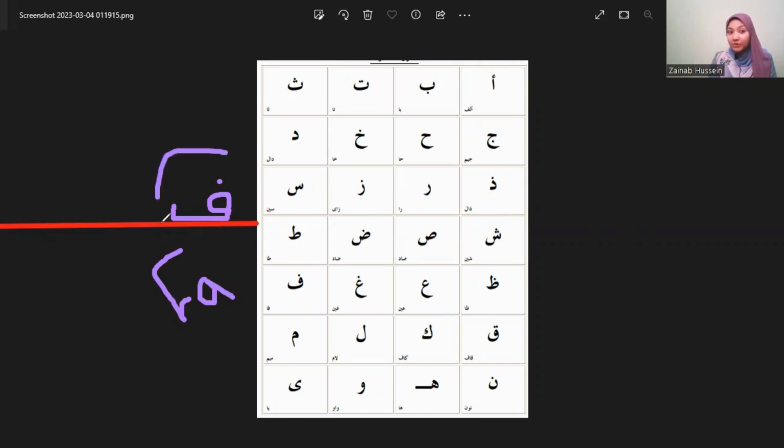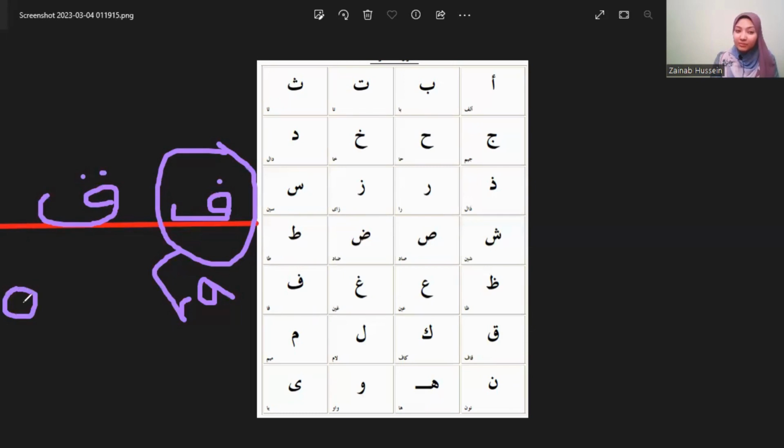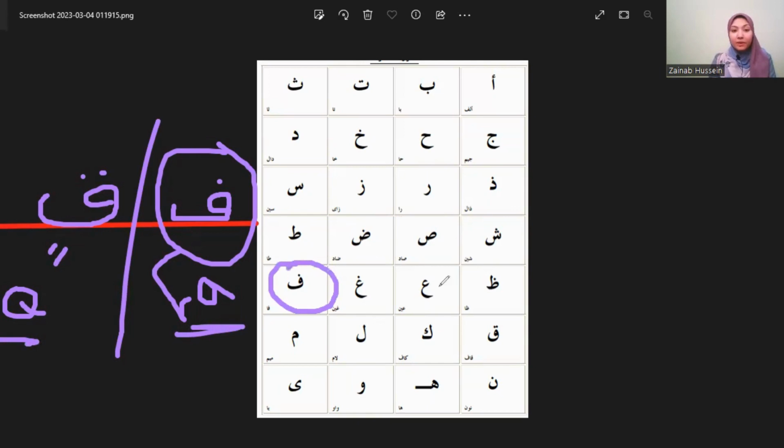Now the first sister has a dot already, so the second one will have two dots. Qaf, which is like Q in English, so near to Q, not exactly. So fa, qaf, fa, qaf.